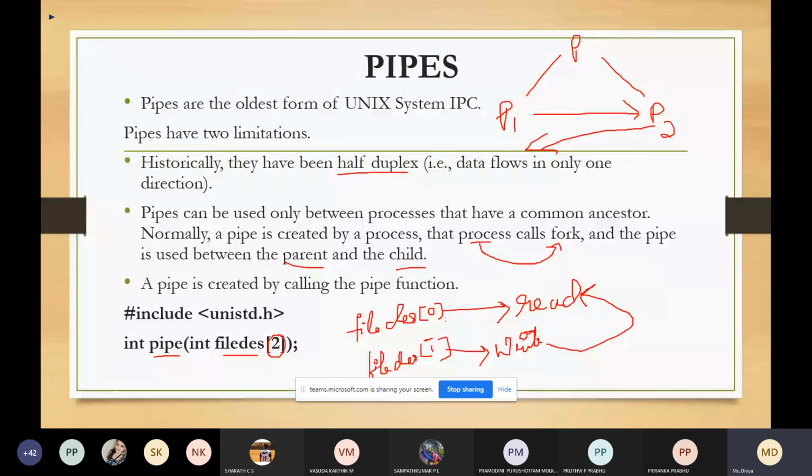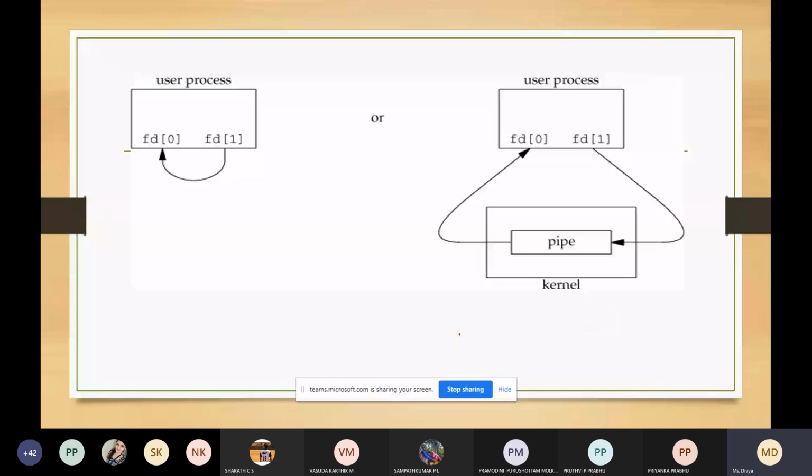You can see in this diagram that we have two file descriptors. Concentrate on the first diagram. This is file descriptor 0 and this is file descriptor 1. The output of this end is given as input for file descriptor 0.